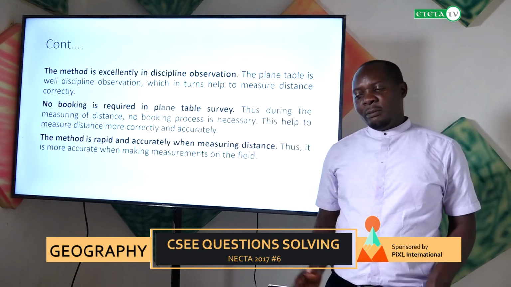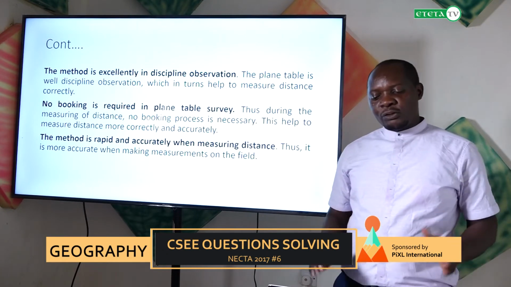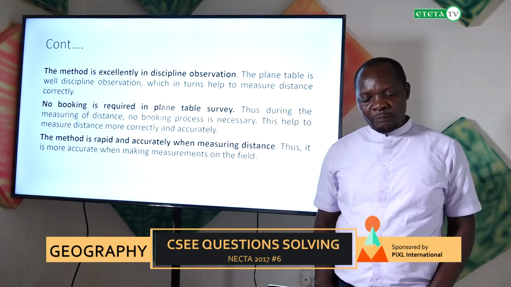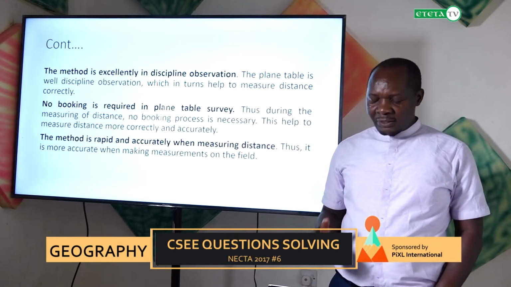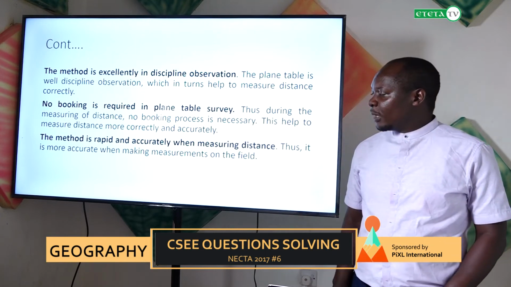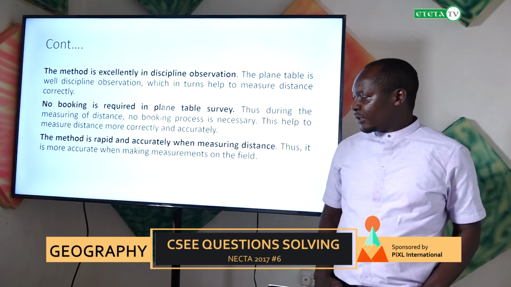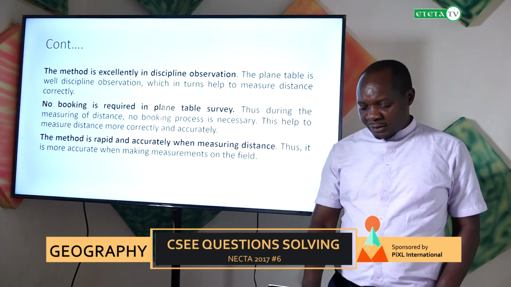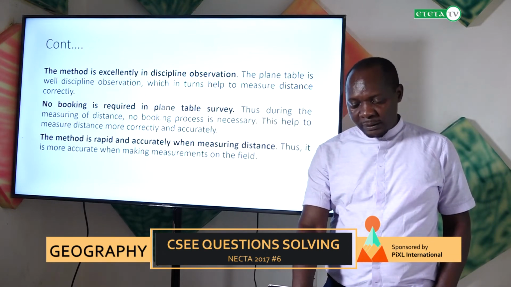That means the measurements that are taken are likely to be more authentic, very accurate, very rapid. That is another significance of this one.